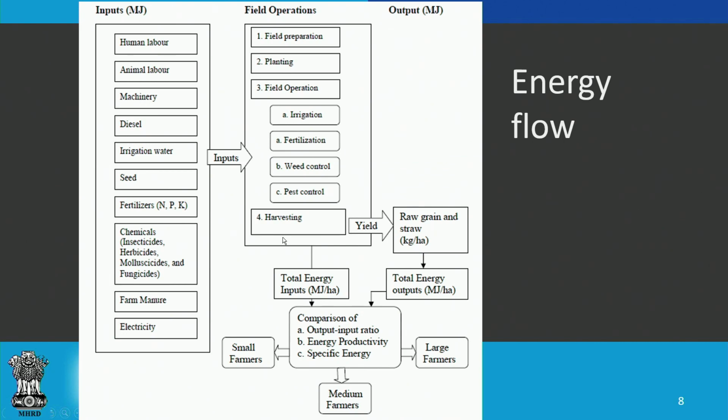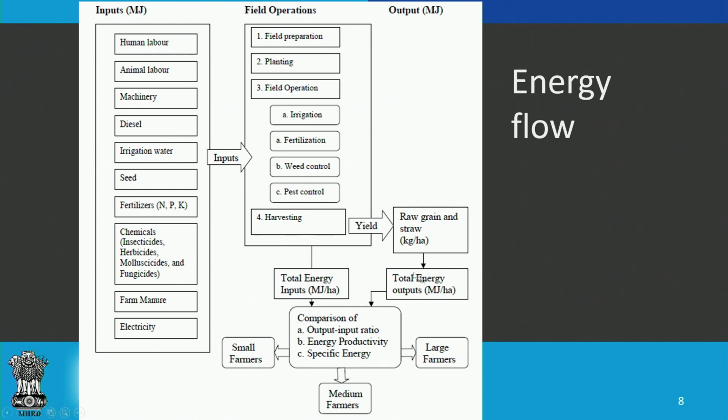This might include both the raw grain as well as the straw. This may be expressed in terms of the productivity, kg per hectare. We may express the total energy outputs in terms of megajoule per hectare. We can also compute the energy utilized in terms of all the inputs as total energy inputs, once again in megajoule per hectare.